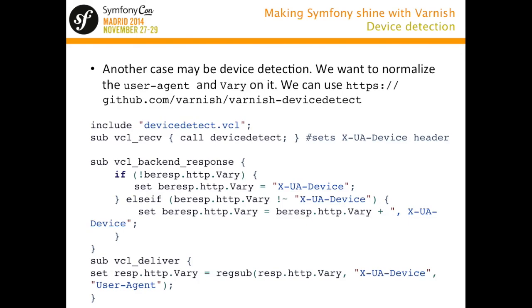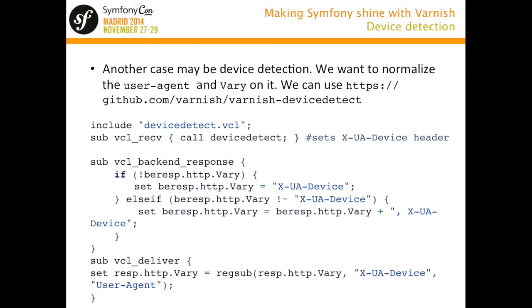Another case where we want to vary on a header, and we also want to do some normalization, is device detection. Maybe you serve different content depending on whether it's a mobile browser, a desktop browser, Android, iOS, whatever. Again, we want to normalize because user agents, there are thousands of them.